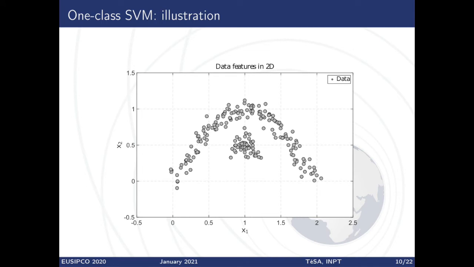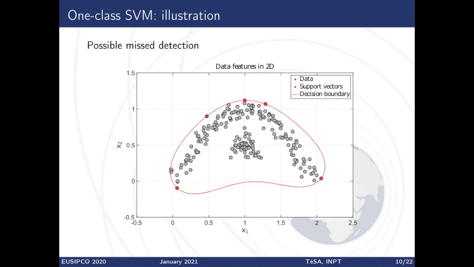So a first observation here. If we take this one class SVM here, let's imagine that the anomaly class is this cluster here in the center. We can see that it will never be detected using one class SVM. So this is the first motivation to include some feedback into the anomaly detection.